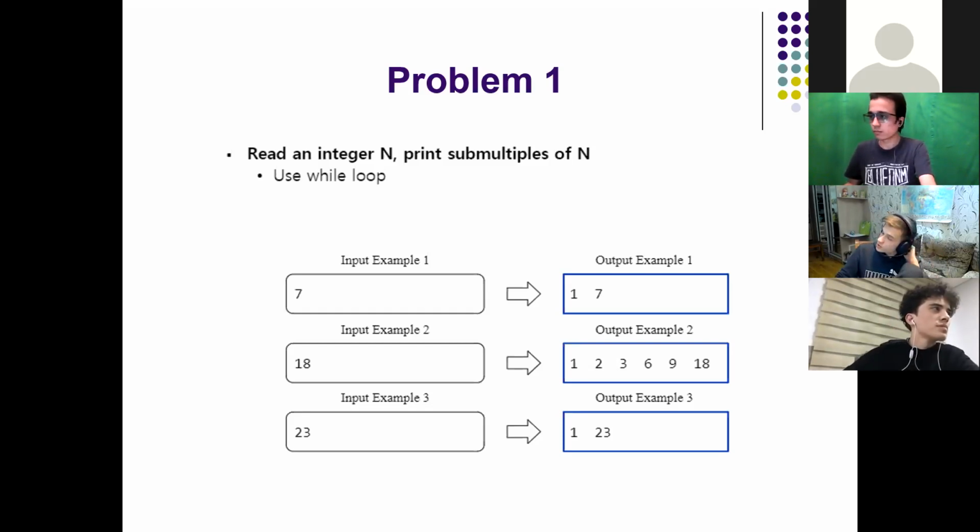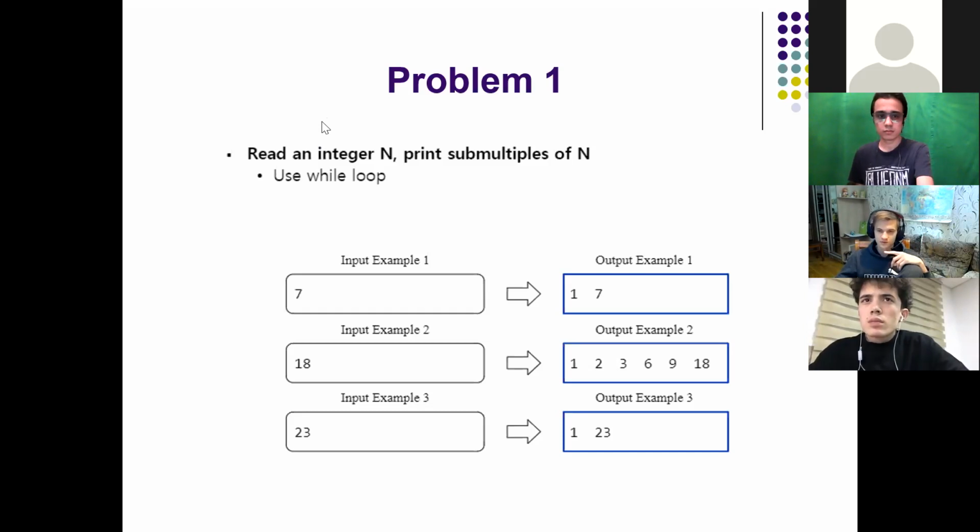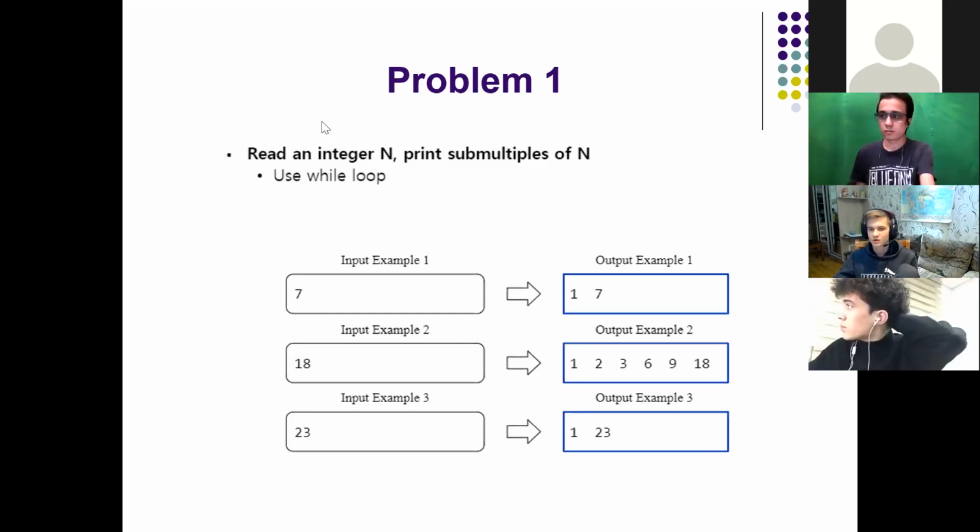Нам нужно, чтобы программа брала от пользователя какое-то число и показывала все множители этого числа. То есть, например, 7 это простое число, у него всего 2 множителя, оно делится на себя и на единицу. У 18 все его множители: 1, 2, 3, 6, 9, 18.